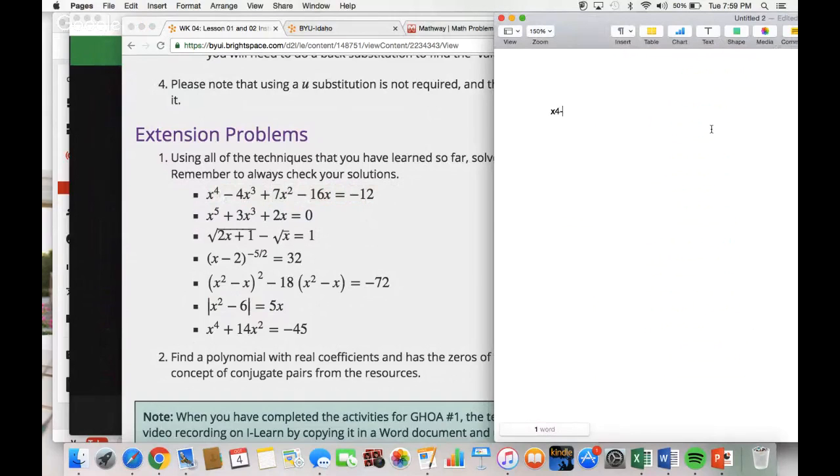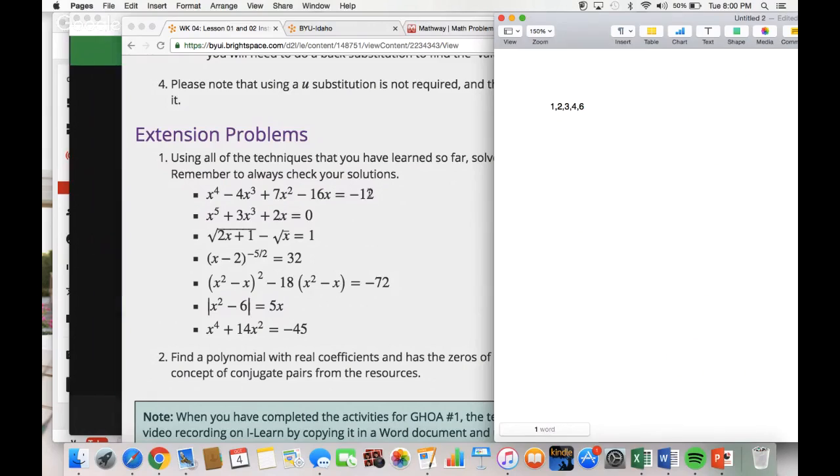So you got x^4 minus 4x^3. I'm not even gonna write it out because it's gonna take too long. But you need to find the factors of the 12 over here. So what are the factors of 12? 1, 2, 3, 4, and 6, right?